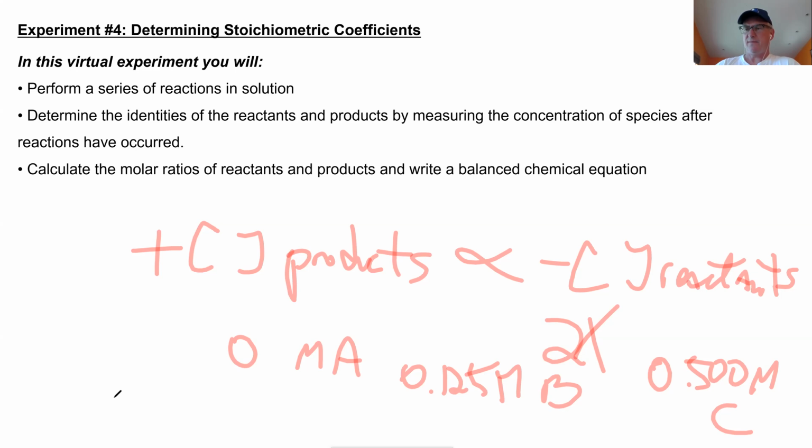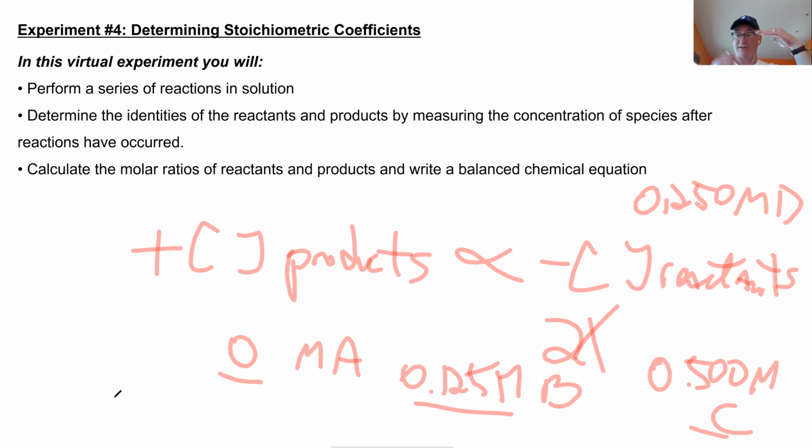What's the reaction that took place here? So this is my concentration of A, it's now nothing. That's my concentration of B. This is my concentration of C, and this is my concentration of D. What's the reaction that took place? Now remember, I want to look at what's the ratio of things going down to things going up.